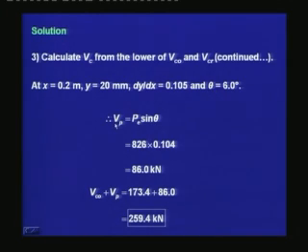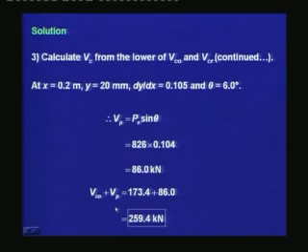The vertical component of the prestressing force Vp is equal to Pe times sin theta, and Pe we know as 826 kilonewtons, and sine of 6 degrees is 0.104, which gives the vertical component of the prestressing force as 86 kilonewtons.